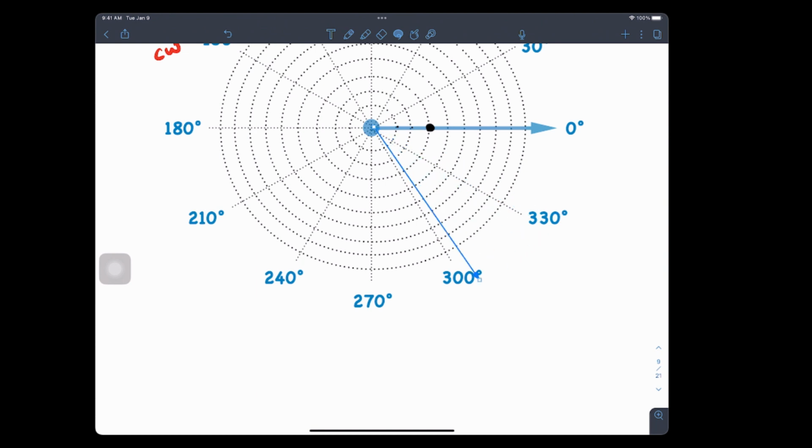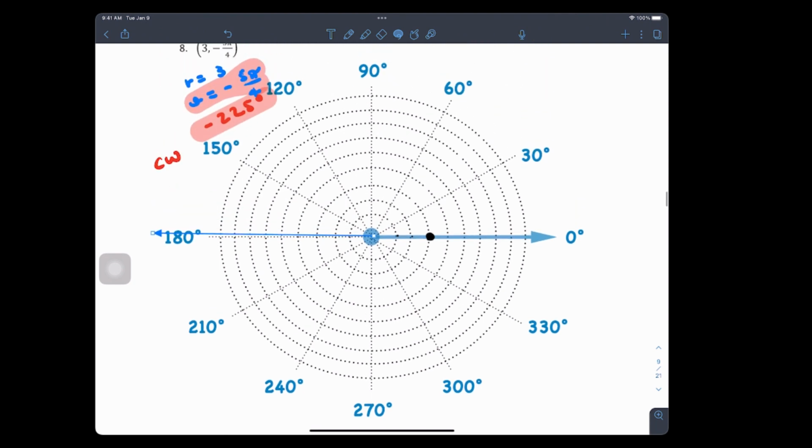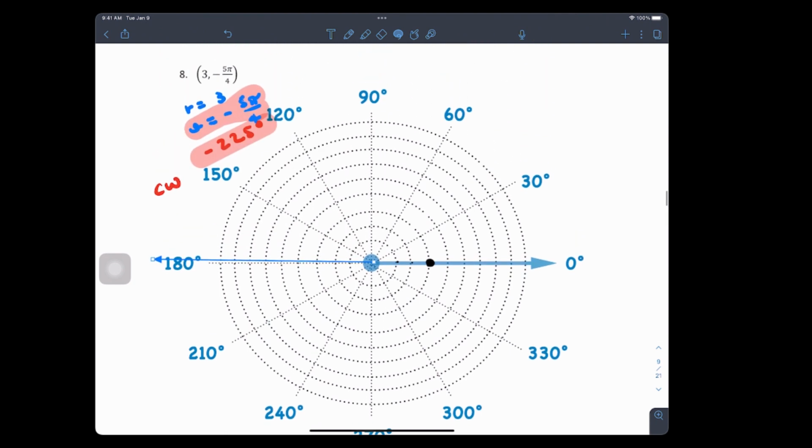So this is negative 90. This is negative 180. This is negative 2 what? This is another 30, is that right? So that's 210. And so it's going to be in the middle there.